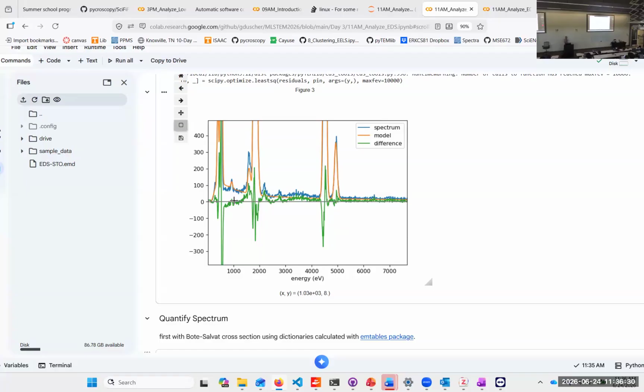The cool thing is, in a TEM, we are usually trying to quantify things that are very close together. So we usually can assume that our absorption is the same. So the sensitivity to small changes in the composition is much better than the sensitivity to the absolute quantification, right?